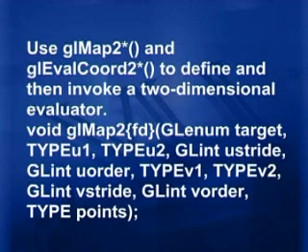The syntax goes like void glMap2f or d using the parameter GLenum target, followed by u1, u2, followed by an integer specifying u stride, another integer specifying u order, followed by v1 and v2, and then integer v stride and integer v order, followed by the points. So these are the parameters or arguments that would be supplied when calling glMap2.